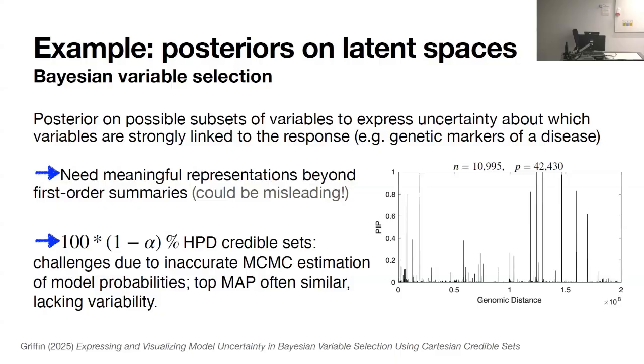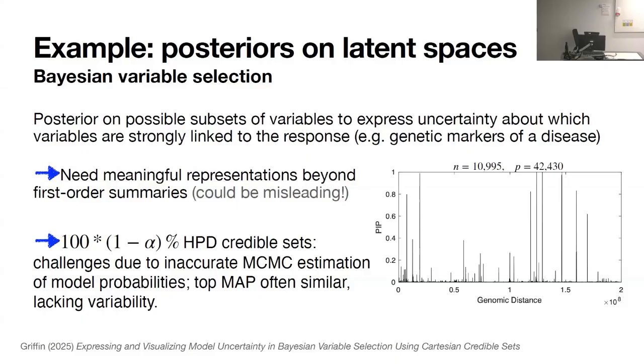We have around 42,000 variables. So this posterior is defined over a space of dimension 2 to the power of p, so it's very big in this setting. Okay, so we have this distribution over this huge discrete space. How can we summarize this distribution?